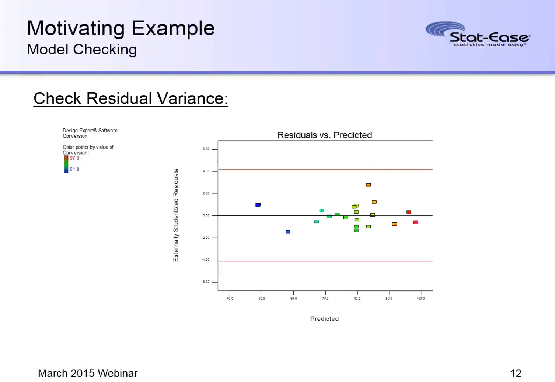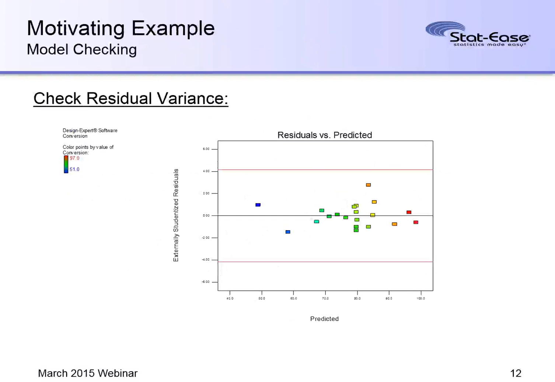To check the residual variance, remember, we want the variance of the residuals to be constant. Otherwise, the tool that we chose, the analysis of variance, may not have been appropriate. We may need some fixes. What we want to see in this plot, the residuals versus predicted plot, is random scatter. What we don't want to see is a triangle or what we call a megaphone shape, which would indicate that as the response increases, so does the variability around the predicted response.